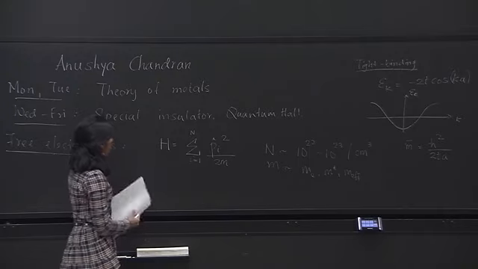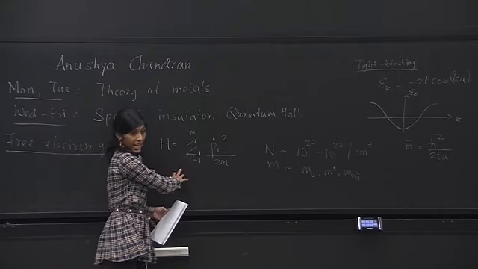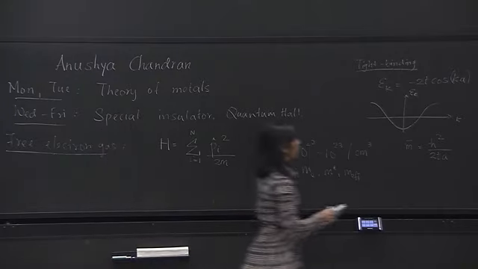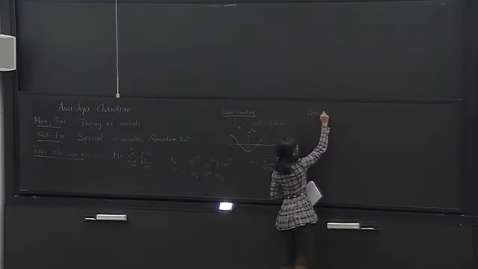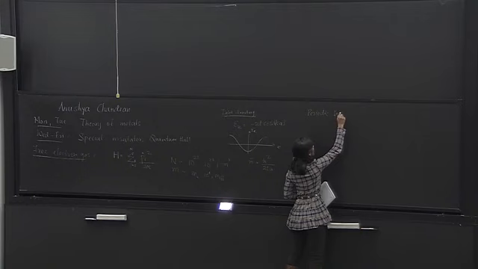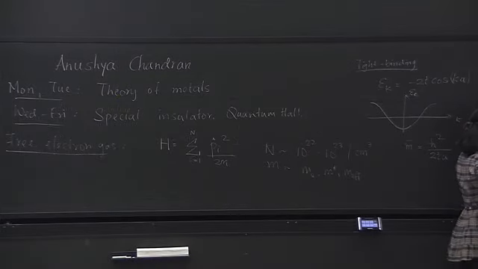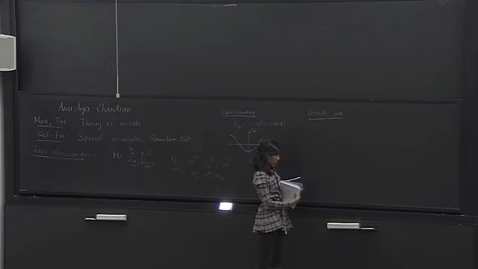Roger worked with this Hamiltonian at the end of week 1, and he probably told you that when you put this in a periodic box, you can solve it. You find that the momenta are quantized.